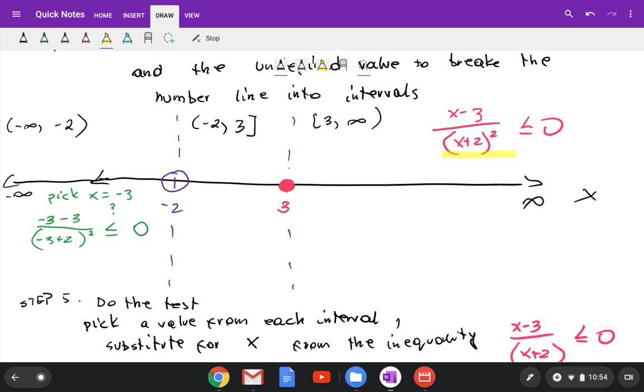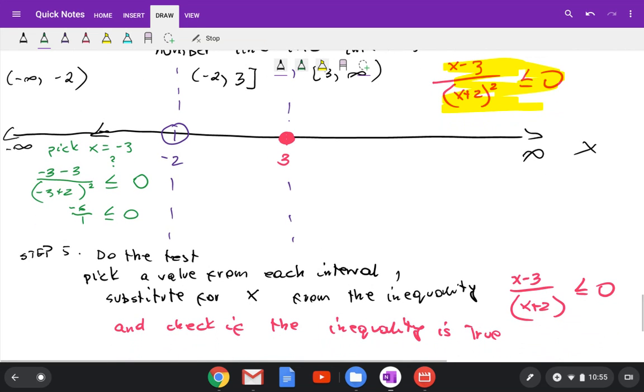Again, don't forget that I'm substituting right here. Okay, so we're getting negative 3 minus 3, that's just negative 6. On the bottom, you're getting negative 1 to a second power, which is 1. And you're checking if this is less than 0. You're getting negative 6. It's definitely less than 0, so this is true. So the interval from negative infinity to negative 2, yes. So this is our solution, okay?